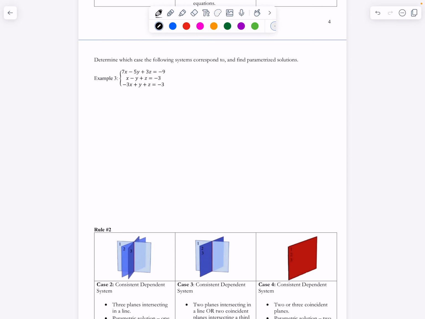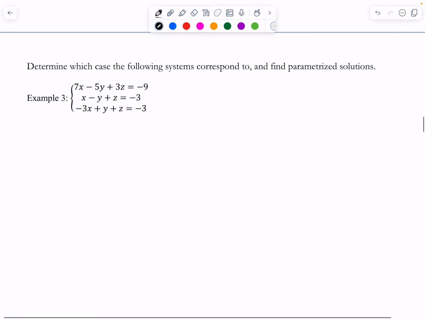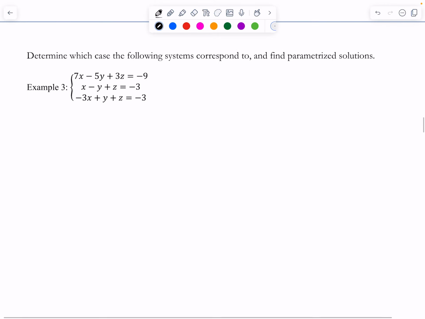All right, so this one, I always check to make sure whether these are proportional or not. What I mean is I notice after the equal sign, I see negative 9, negative 3, and negative 3. So if I were to multiply the second one and the third one by 3, that would give me that negative 9 for those bottom two.